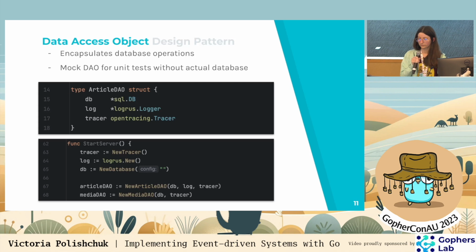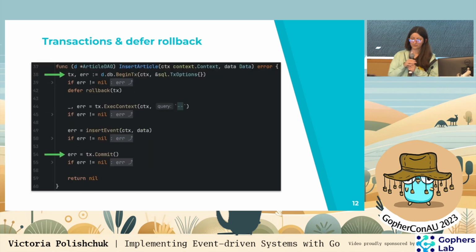So the benefit of DAO is that we can mock it for unit testing easily without having to mock the entire database or having to establish a connection with the actual database, which is very convenient. Now let's take a look at a method from article DAO. This method is going to insert an article. And here we begin a transaction and commit the transaction.